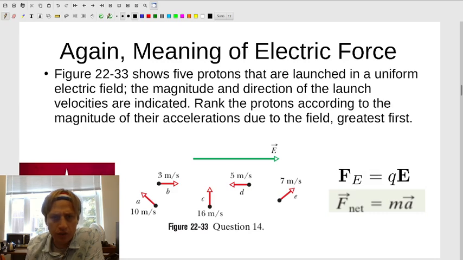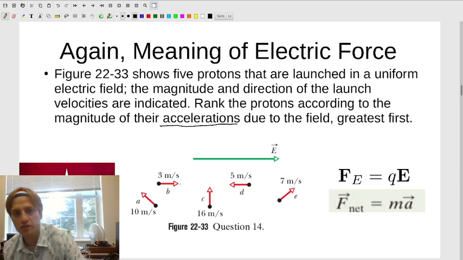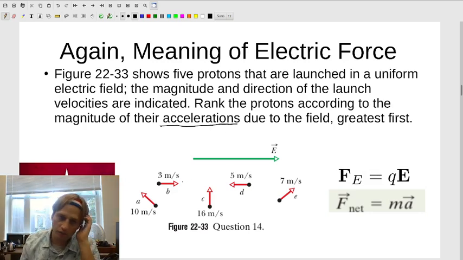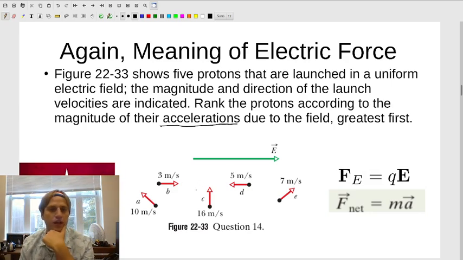Now this is sort of a trick question because if you notice, in the last problem, we found the acceleration of an object in the field. We did not specify the initial velocity. We assumed that it was 0 meters per second. But how would that change things?